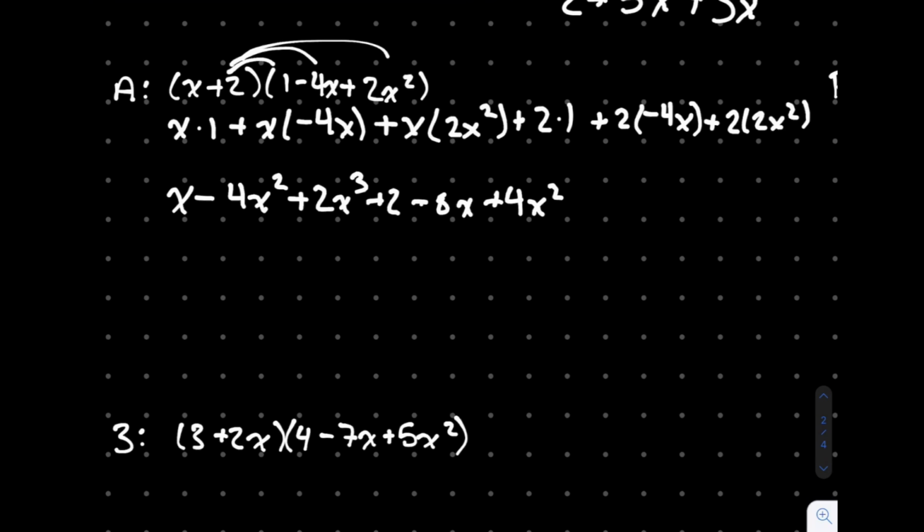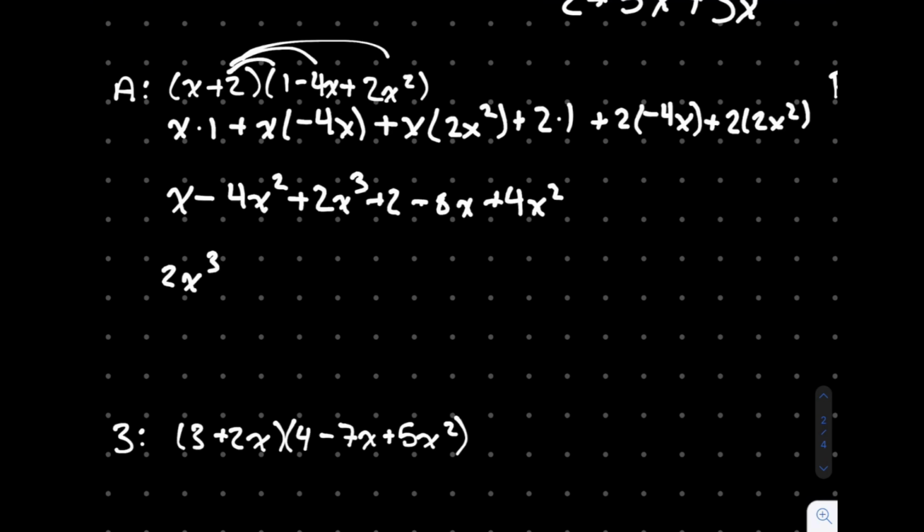And now that I've done all of my monomials multiplied together, I'm going to go ahead and combine like terms and rewrite it into standard form. So starting with my x cubed, I have 2x cubed.